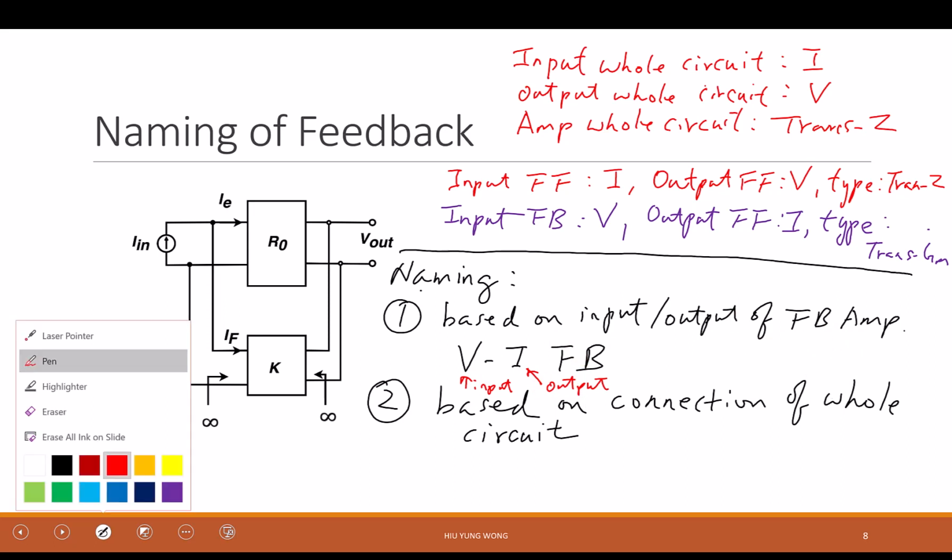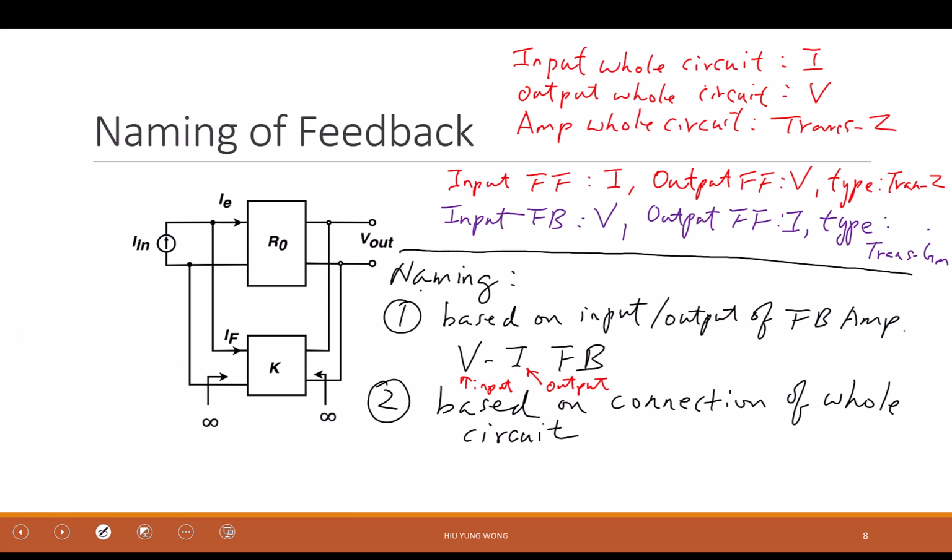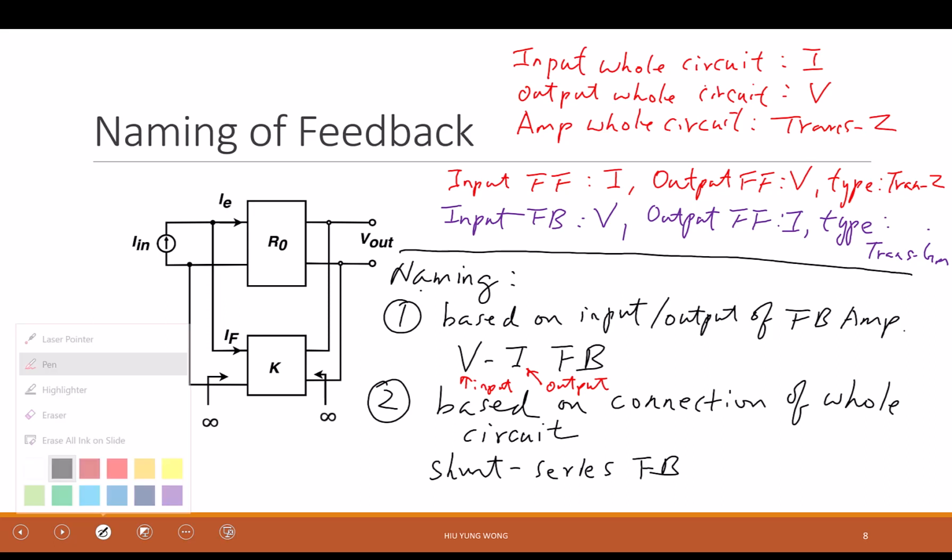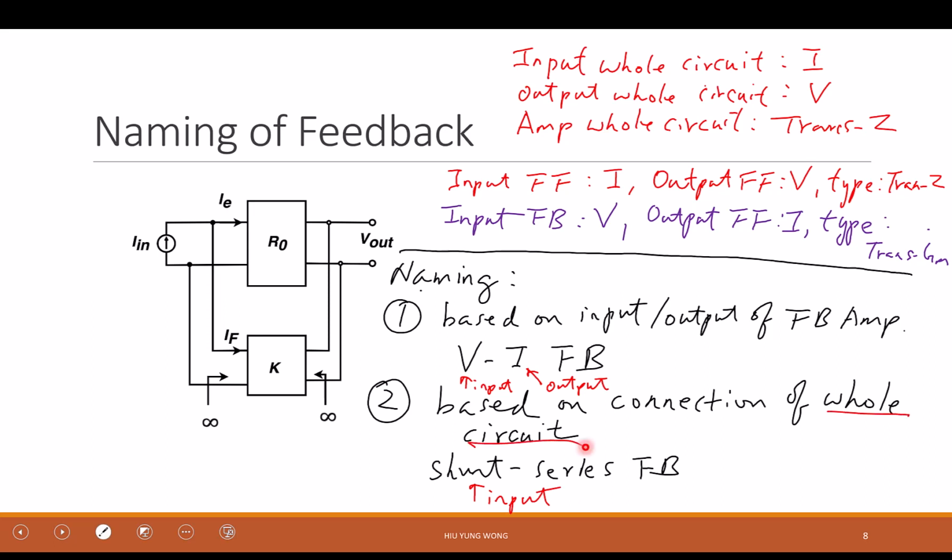So for this one, what I'm going to do is to use the word shunt and series. Shunt means parallel. Series means series, right? So this circuit is called shunt series feedback also. Okay, and why? Because this is the input to the whole circuit.